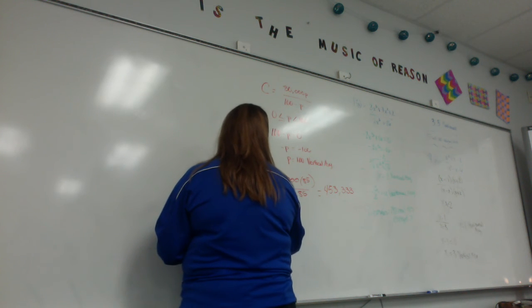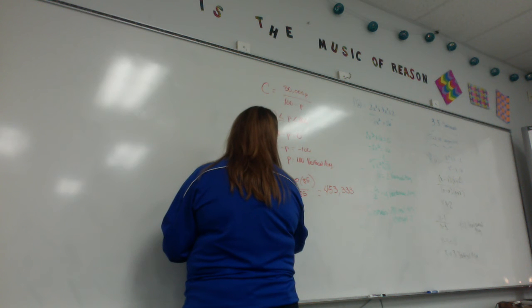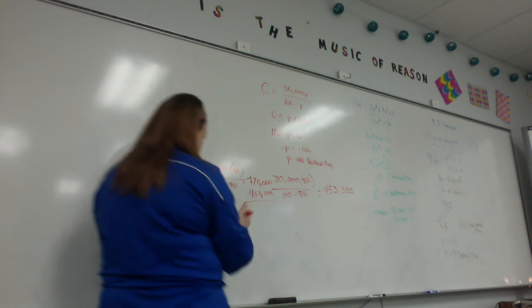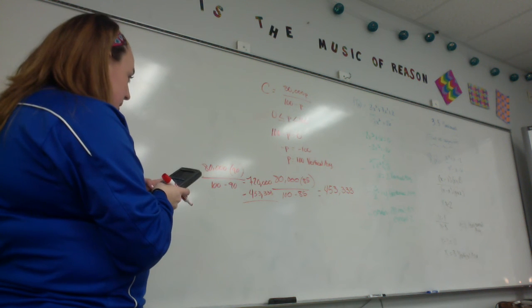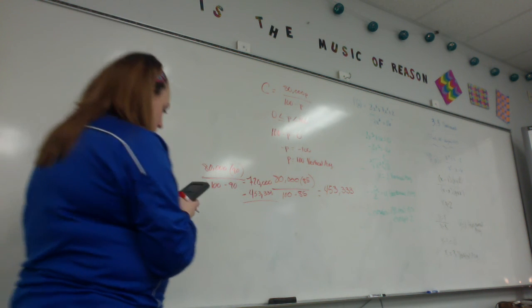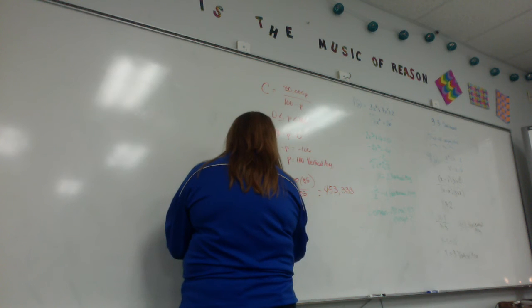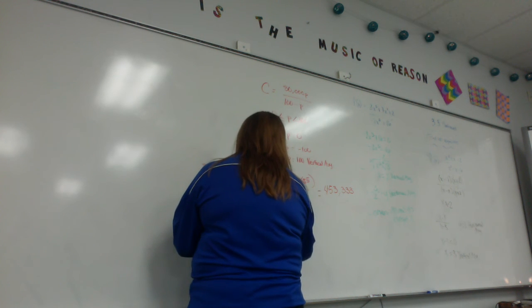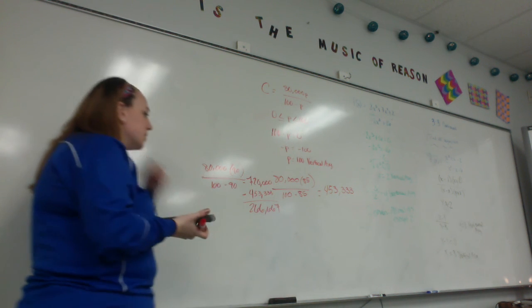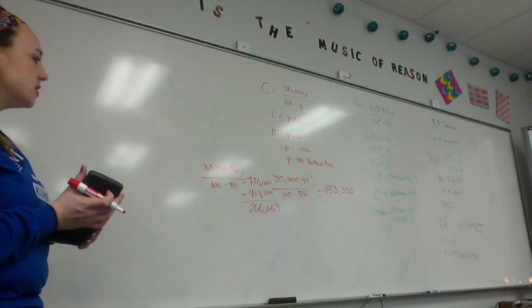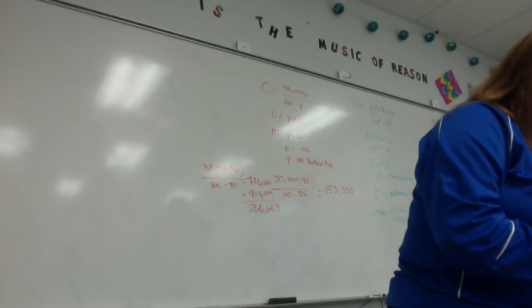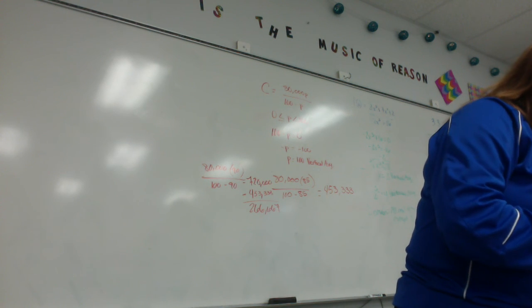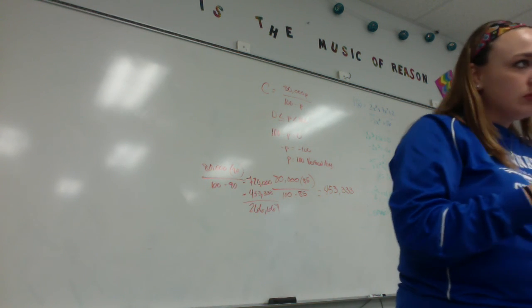I'm subtracting from it the 453,333 to figure out how much more money I have to spend a year because of this new law. So this company is required to spend $266,667 more a year because of a new law that was invented to keep the air more clean.